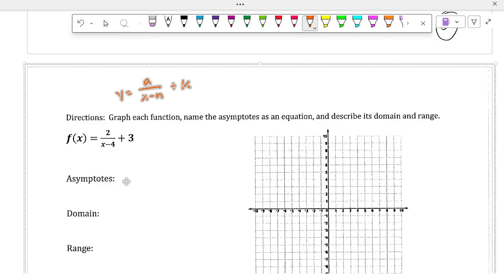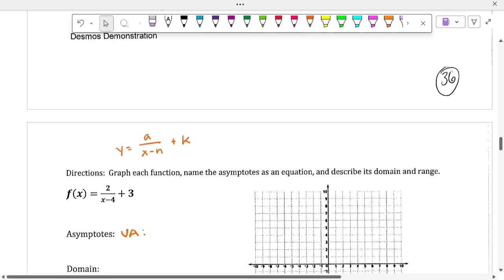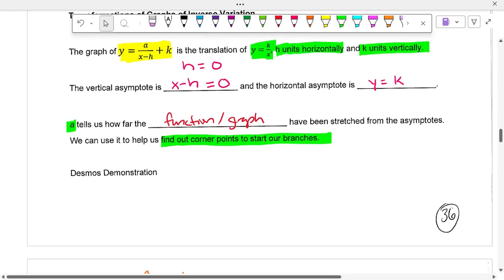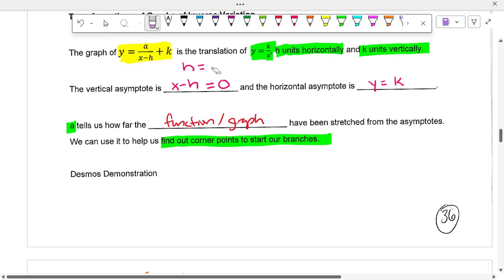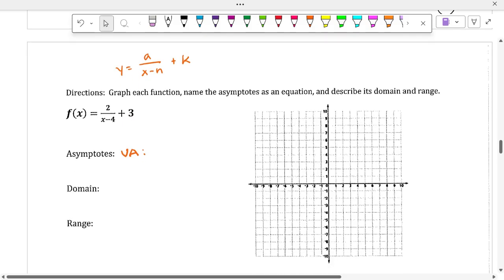So vertical asymptote. I'm just going to call this my VA. How do I find it? So what did it say up here that I need to do? Yep. That should be x is equal to h. It says x minus h is equal to what? 0.